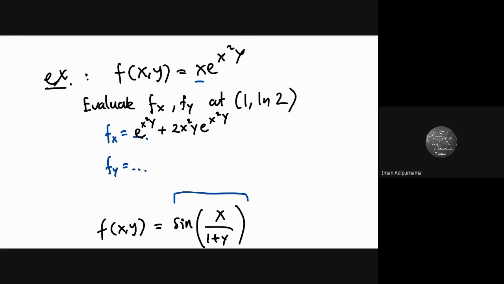Is it correct? Oh yeah, fx is 2 plus 4 ln 2. Yeah, that's correct. Okay, correct.